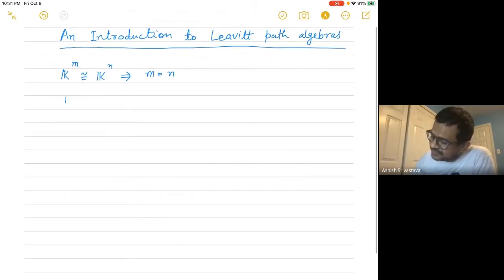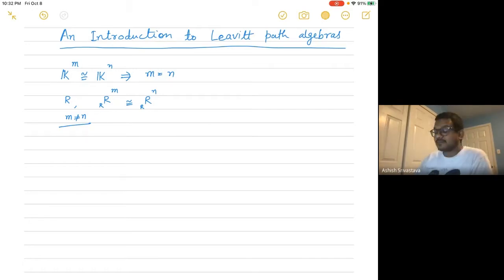So if I take R to be any ring, right, then it turns out that there are many examples where you can take this free left module, and you can see this will be isomorphic to this one, whereas M can be different from N, right? Now, if you have the situation that this forces M to be equal to N, then we say this ring has invariant basis number property.